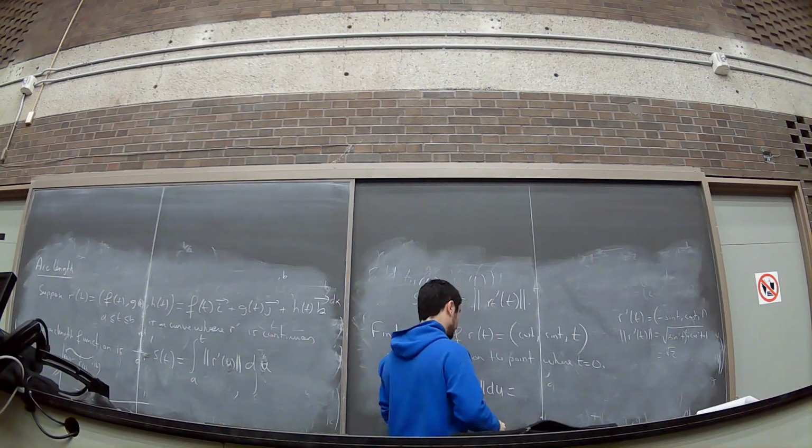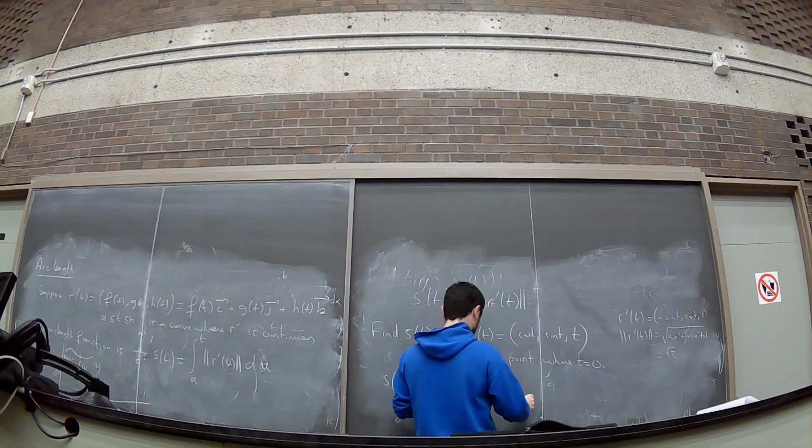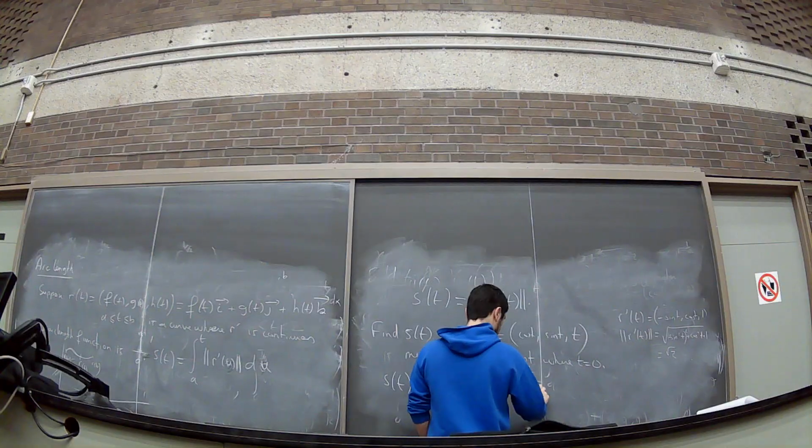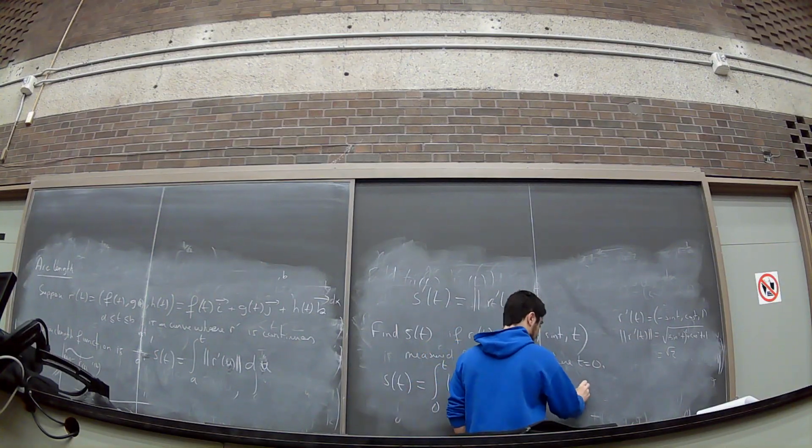So the norm of R prime of u is just root 2.